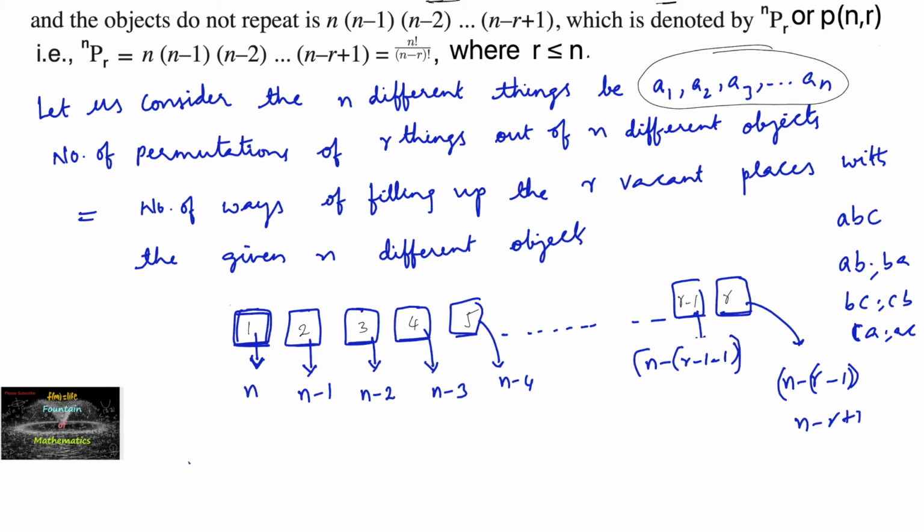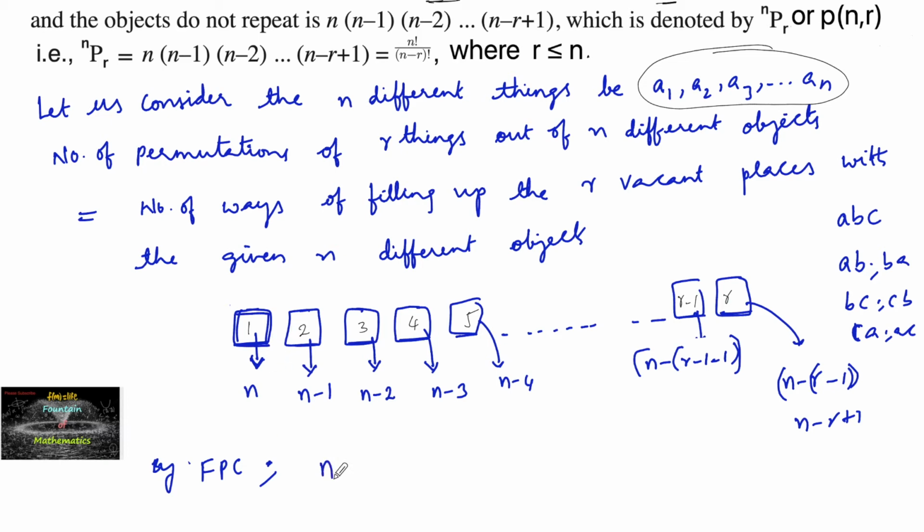Now, we have already studied the fundamental principle of counting. By the fundamental principle of counting, since we have to fill the objects one after the next in succession, all are compulsory, so we use the multiplication principle.